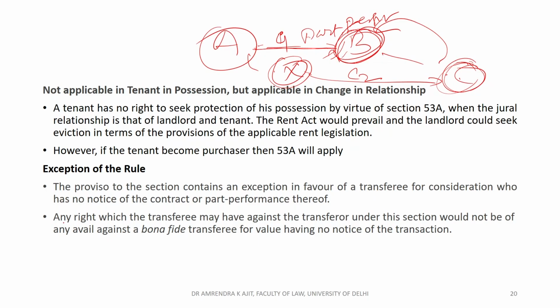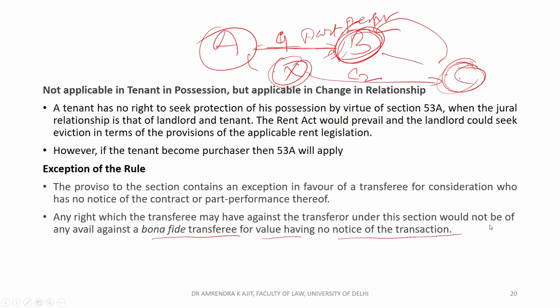Then second is any right which the transferee may have against the transferor. Any right which the transferee may have against the transferor under this section would not be of any avail against the bona fide transferee for value without notice of the transaction.